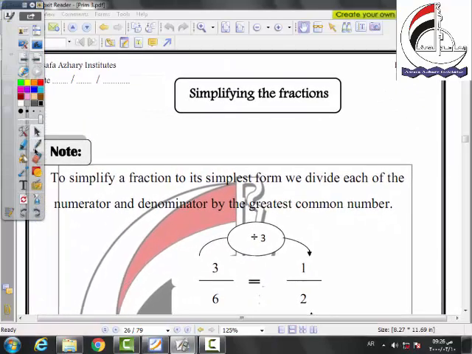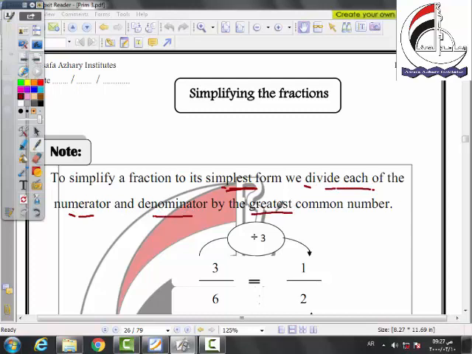This point is about simplifying the fraction. What is the meaning of simplifying the fraction? To simplify a fraction to its simplest form, we divide each of the numerator and the denominator by the greatest common number.